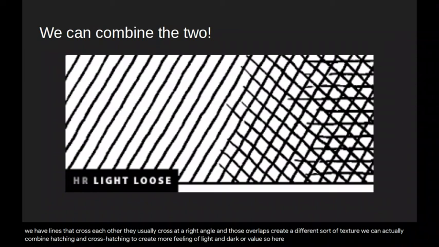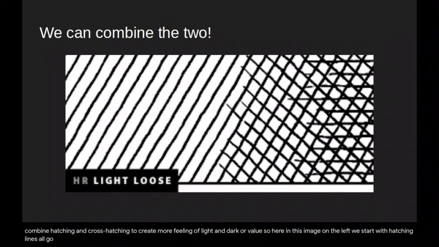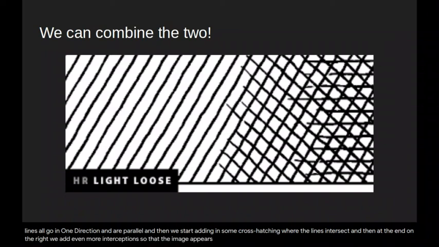So here in this image, on the left, we start with hatching. The lines all go in one direction and are parallel. And then we start adding in some cross-hatching where the lines intersect. And then at the end on the right, we add even more intersections so that the image appears even darker.